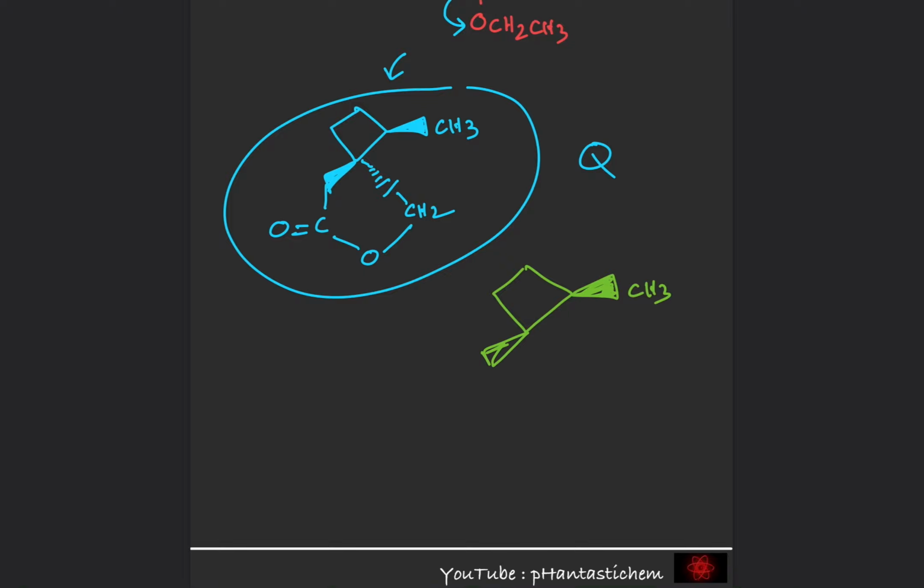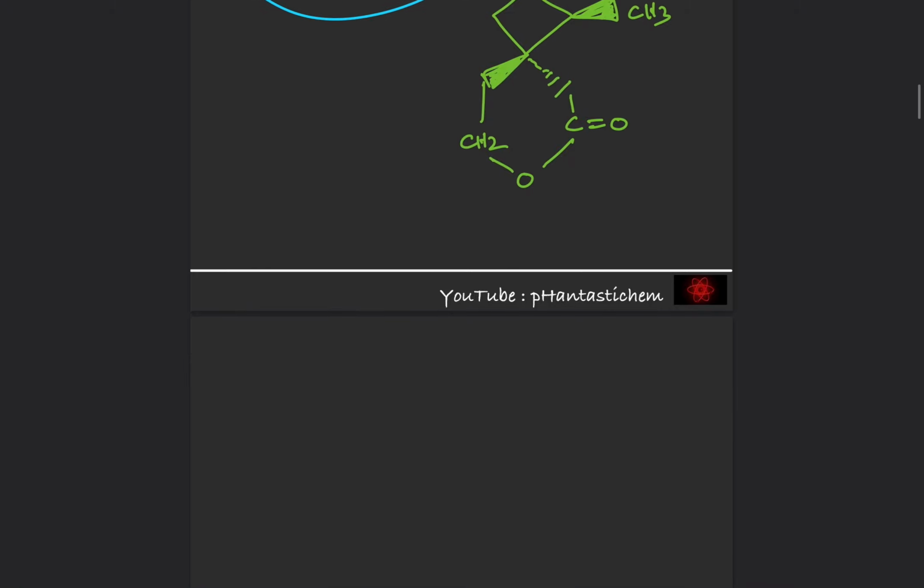CH3, CH2O, C double bond O, O. We should know that small cycloalkanes, for example, having 7 carbons or fewer, have restricted rotation about the CC bonds.